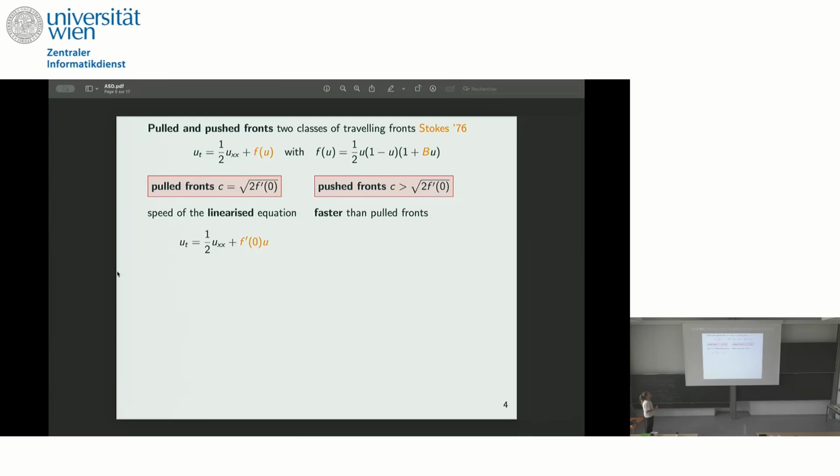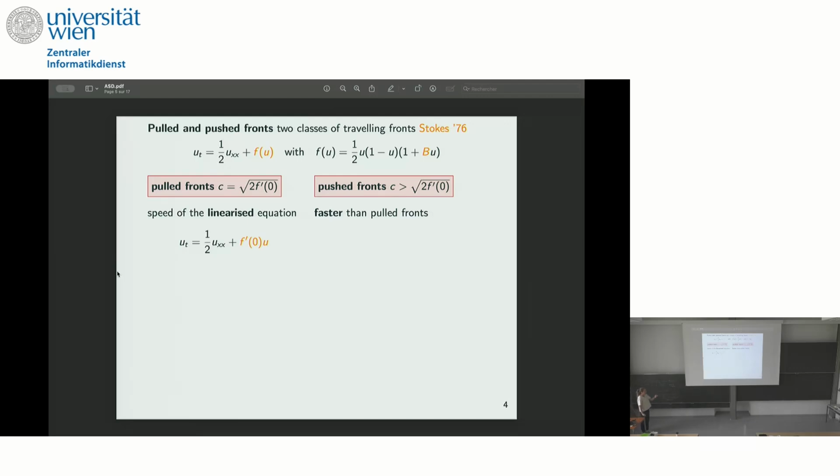And if it's faster than that, we say that it's pushed. Why do we say that it's pulled in the first case? You see that the speed only depends on the value of the reaction term at low densities, so at the tip of your front. And so we say that the invasion is pulled.